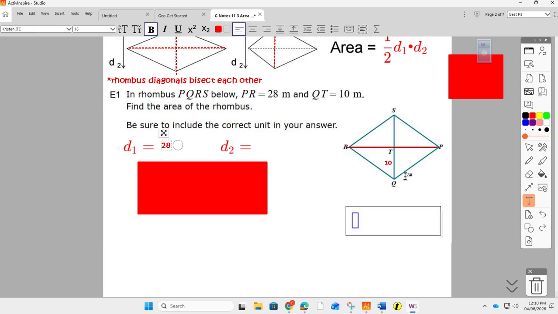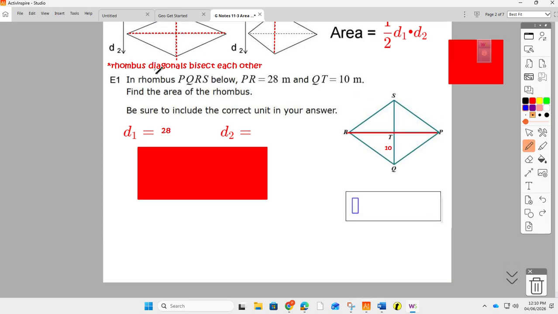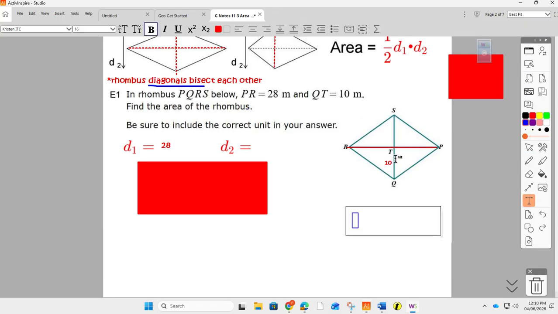Diagonal 2 is SQ, or QS. And we don't know the length of diagonal QS. But we do know this length. And we did get reminded that in a rhombus, the diagonals bisect one another. So if this one's 10, what's this one? 10.